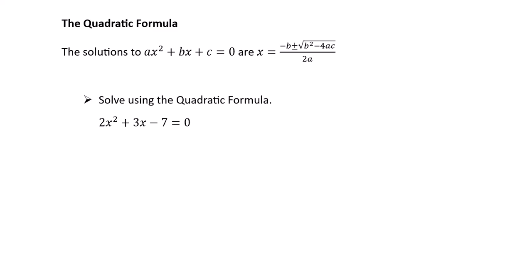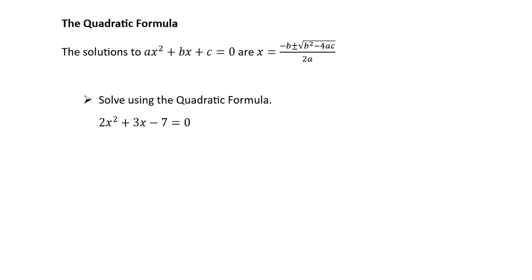That special equation is the quadratic formula. So we can take any ax squared plus bx plus c equals 0, and the solutions will be x equals negative b plus or minus the square root of b squared minus 4ac all over 2a.